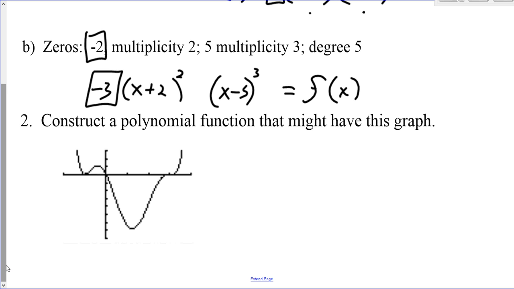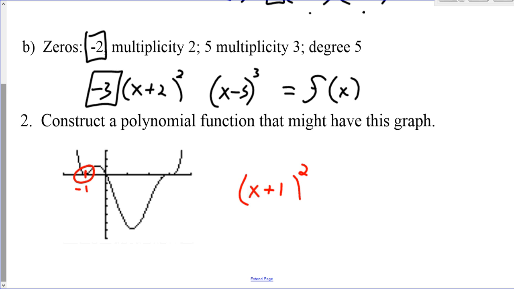Okay, so here from the graph, a couple of things I want to pick out. I want to pick out my zeros. So here at x being negative 1, I get a 0. That's going to give rise to a factor of x plus 1. But notice right here it just touches, so it must be an even multiplicity. So let's just do 2.